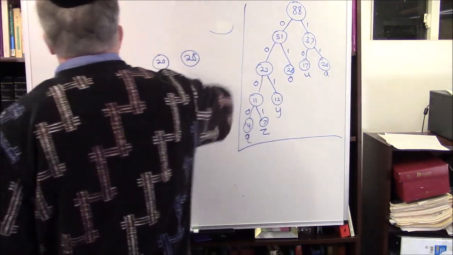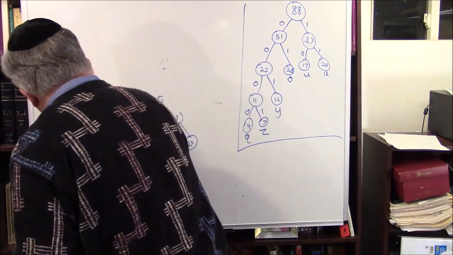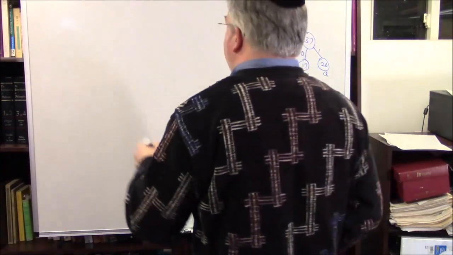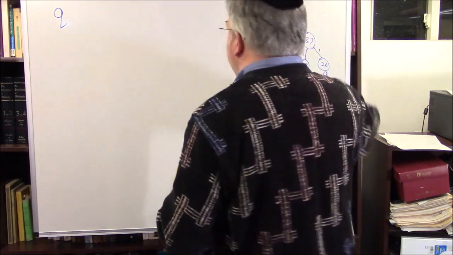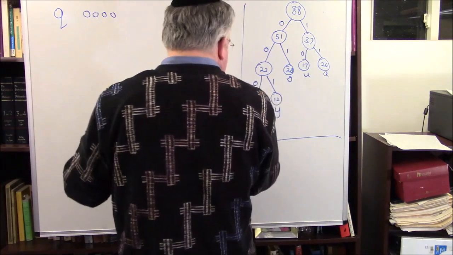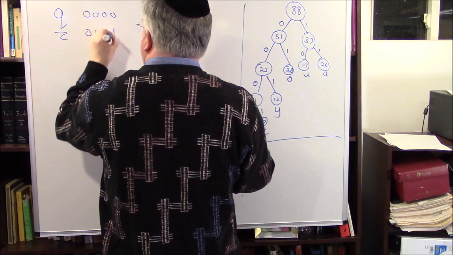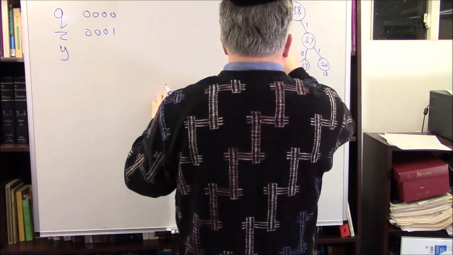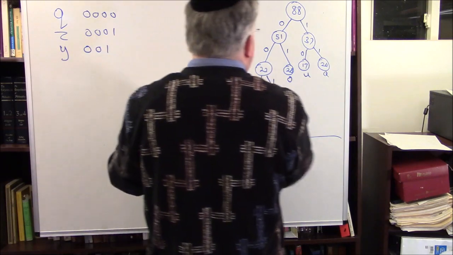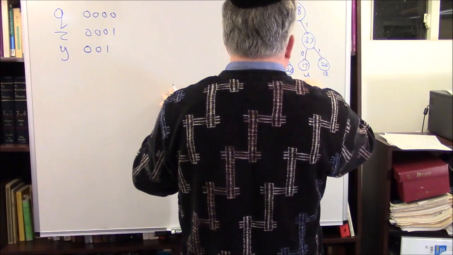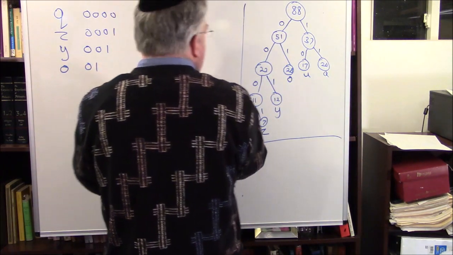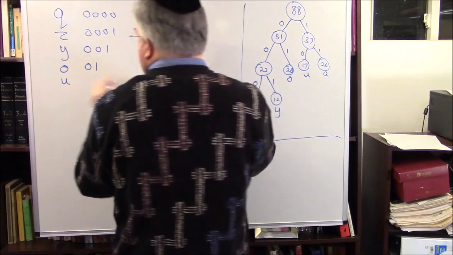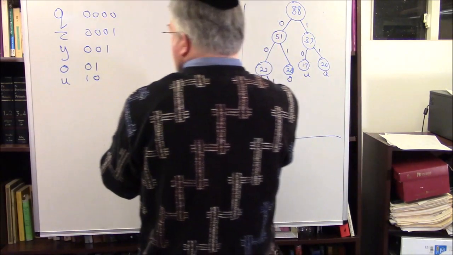Okay, let's do it. Q is 0, 0, 0, 0, and Z is 0, 0, 0, 1, and Y is 0, 0, 1, and O is 0, 1, and U is 1, 0, and A is 1, 1.